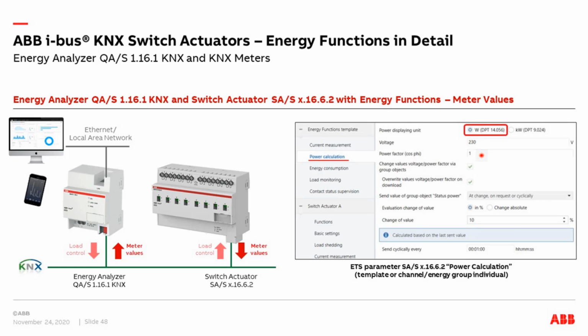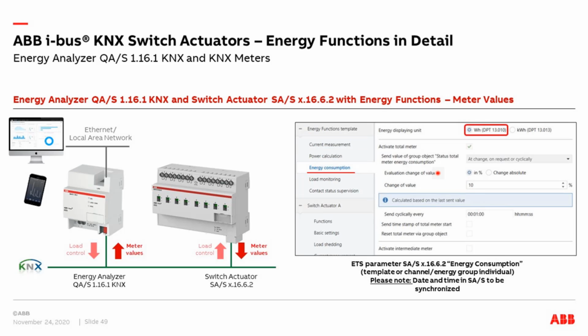Default 230 volt, and for the calculation of the power we need also the power factor. Again, the power factor can also be sent via KNX telegram or changed in the user interface later. So in here, when should the power be sent: changed, request, or cyclically, and here the time for cyclically sending.